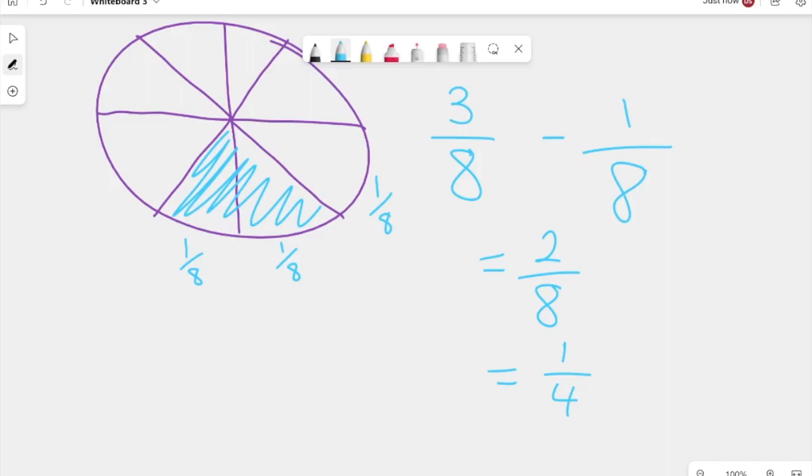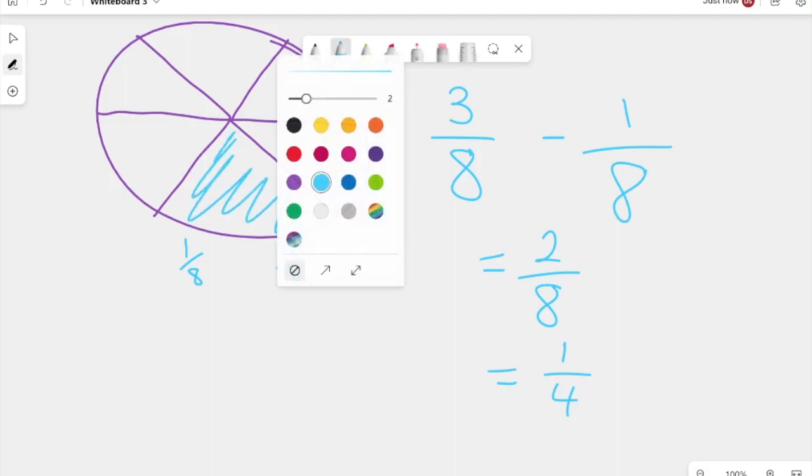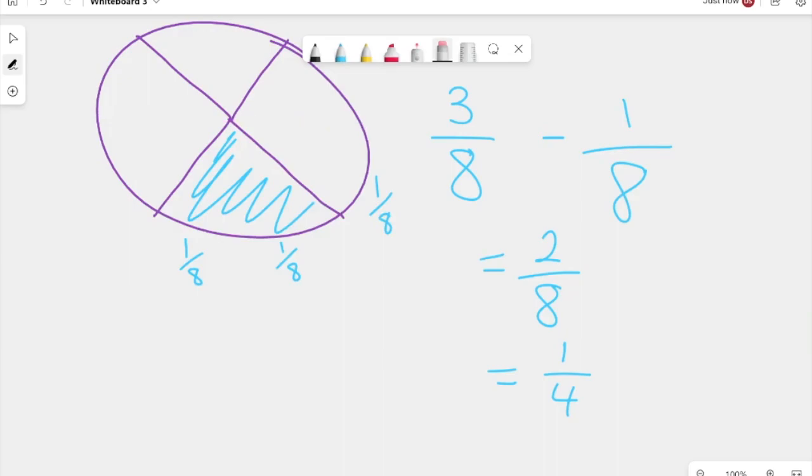Now, how can I show a quarter up here? Well, it's been split into 8 bits. But what if I got rid of this line here? And, sorry, I still have my shaded bit. And I got rid of this line here.